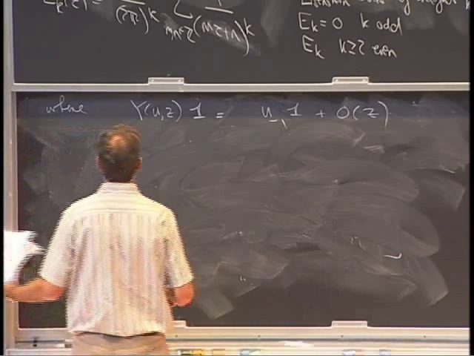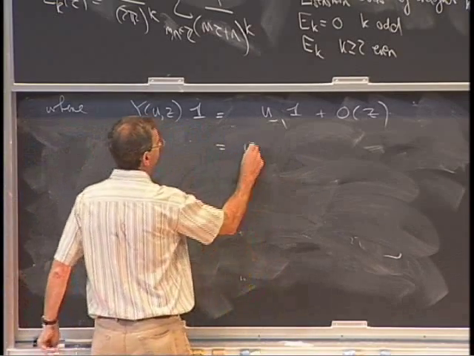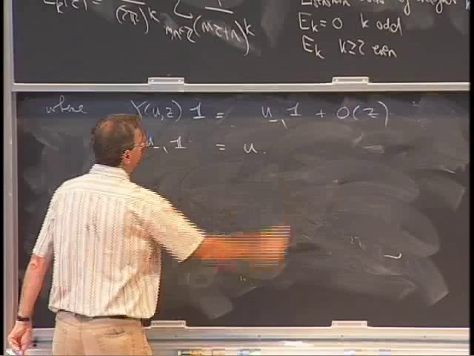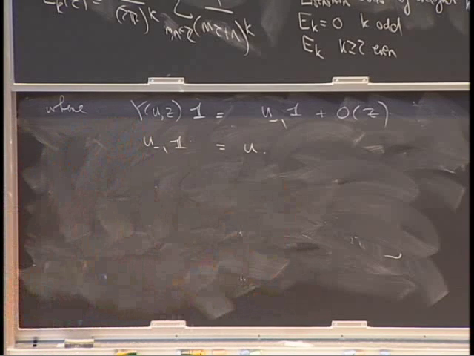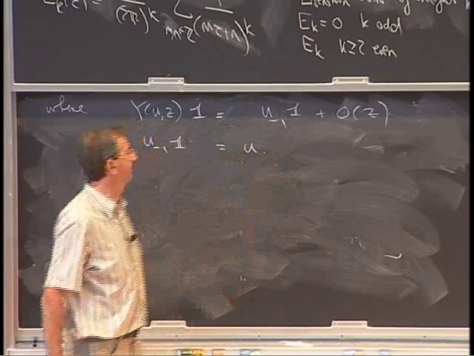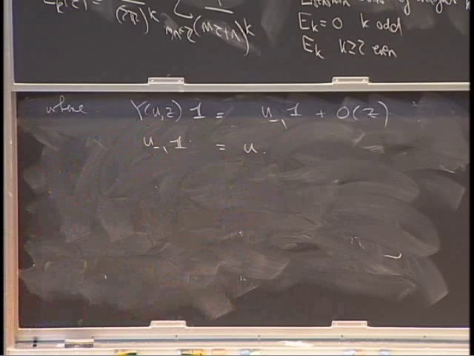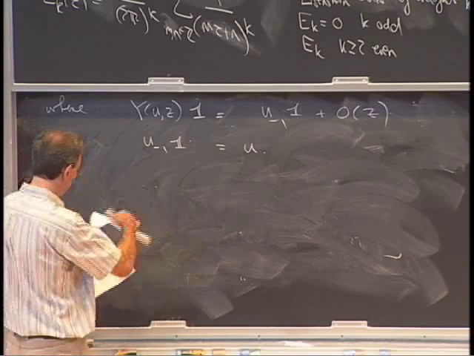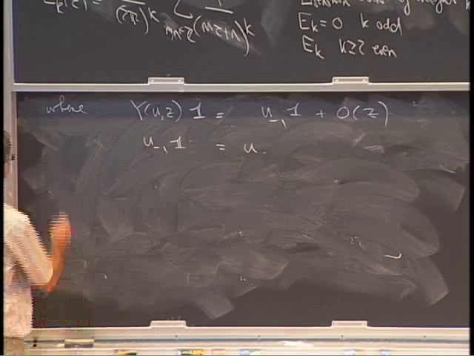I have u(-1), that's the z to the 0 term, and this is equal to u. So u(-1) acting on the vacuum is equal to u, the so-called creation axiom. So by acting with the vertex operator for u on the vacuum and identifying the z to the 0 term, that's the actual vector u itself that goes into this operator. The u(n)s, of course, are endomorphisms on the vector space. And the conformal vector generates a Virasoro algebra.